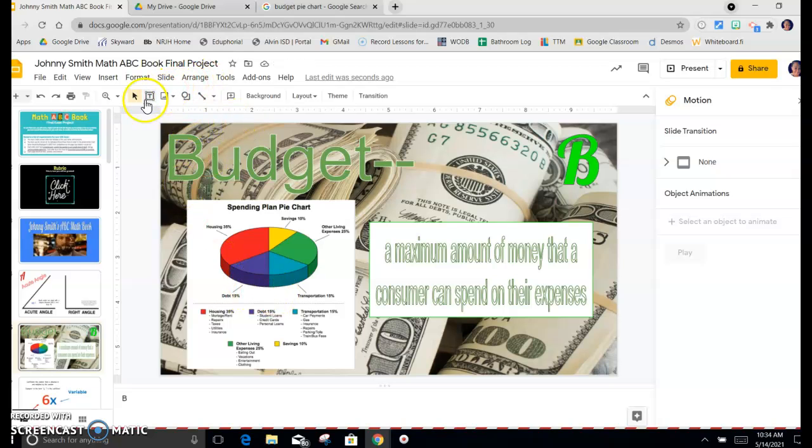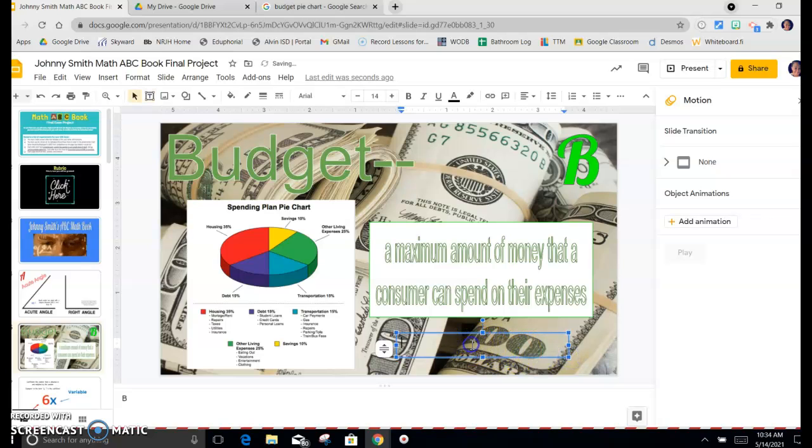An example that I could add, let me add a text box down here. According to this circle graph, an example of someone's budget would be that they spend 35% of their income on housing costs.